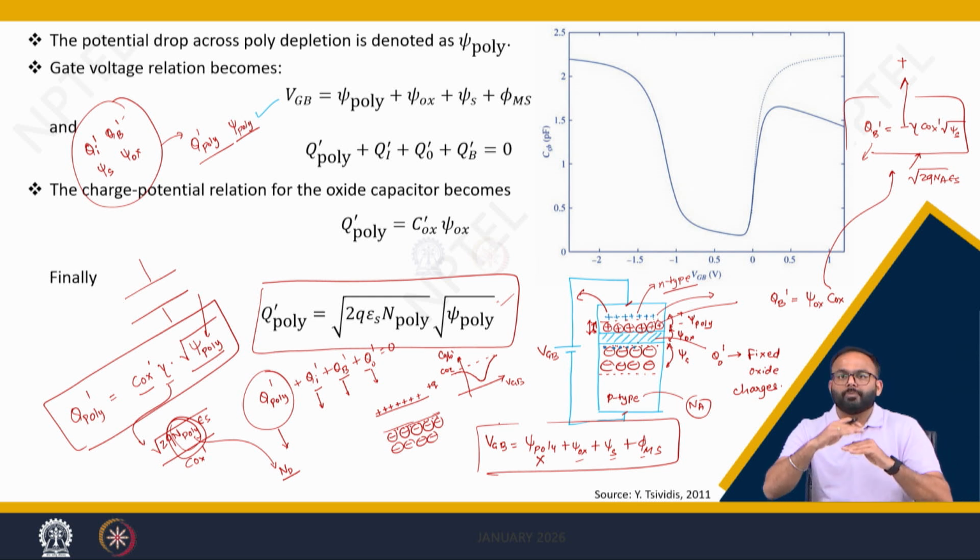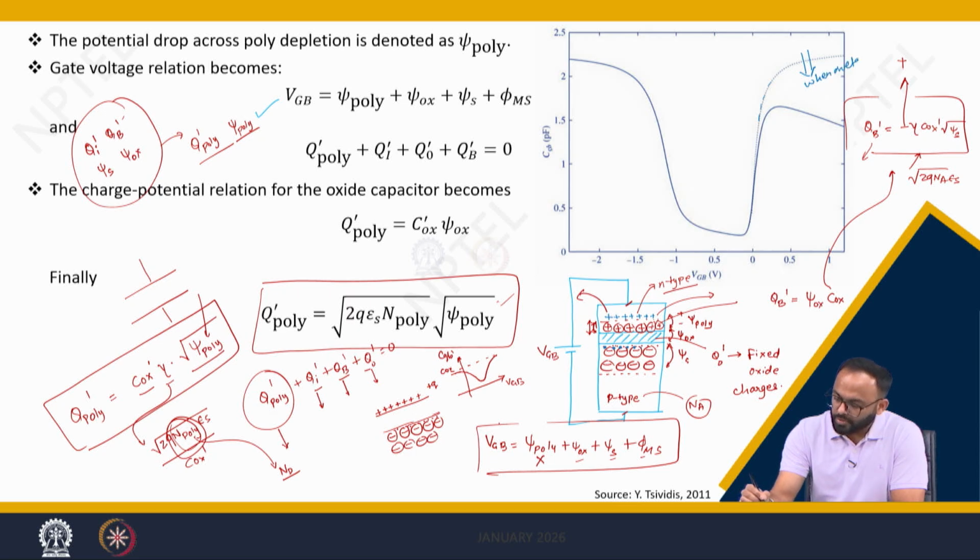So, the separation of the charge is increased, and hence the capacitance is reduced. That is what this dotted line shows, the capacitance when a metal gate is used, and there is significant reduction in the capacitance when a poly gate is used.